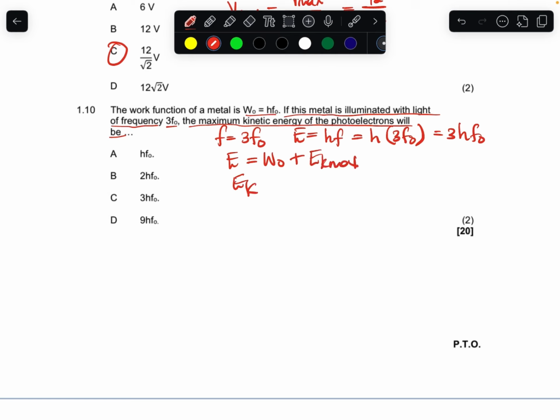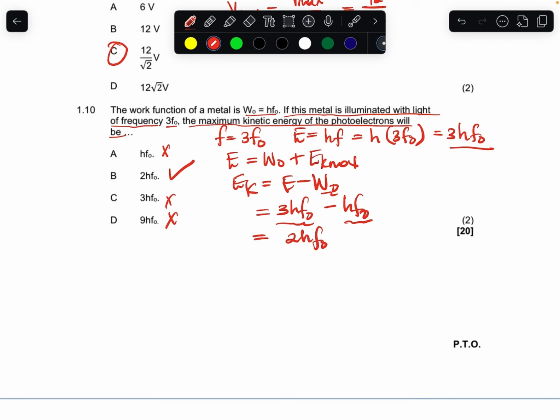The kinetic energy is going to be energy minus the work function, and then we substitute the energy. The energy is 3hf0 minus the work function, which is hf0. So it's going to be 3hf0 minus 1hf0, it's going to be 2hf0. So this is not an option. This is an option, not an option, not an option. So the answer there is B.